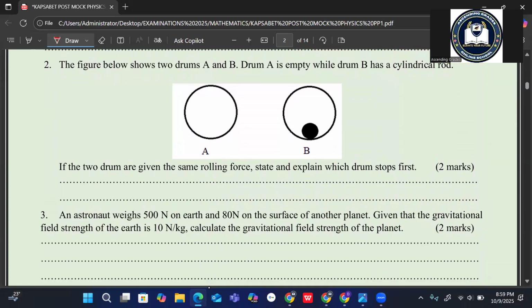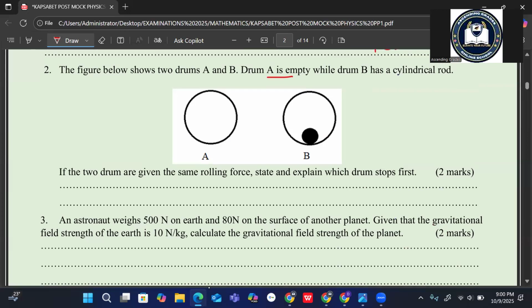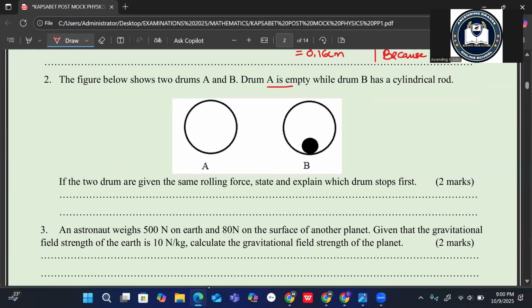The figure below shows two drums, A and B, and you're told that drum A is empty while drum B has a cylindrical rod. Then you're told if the two drums are given the same rolling force, state and explain which drum stops first. So let's look at the issues to do with moments.